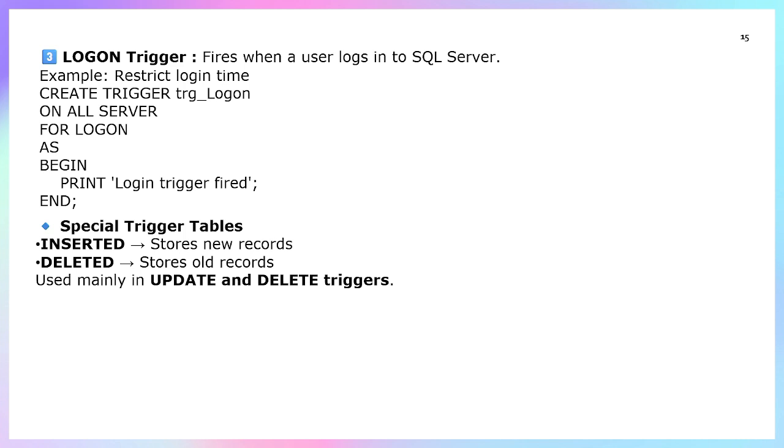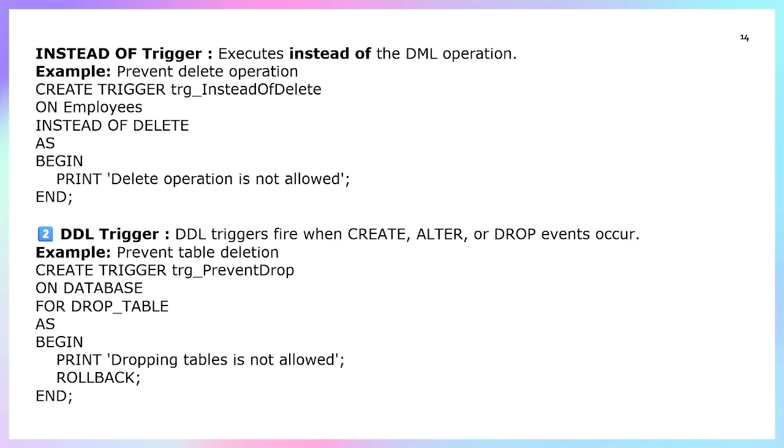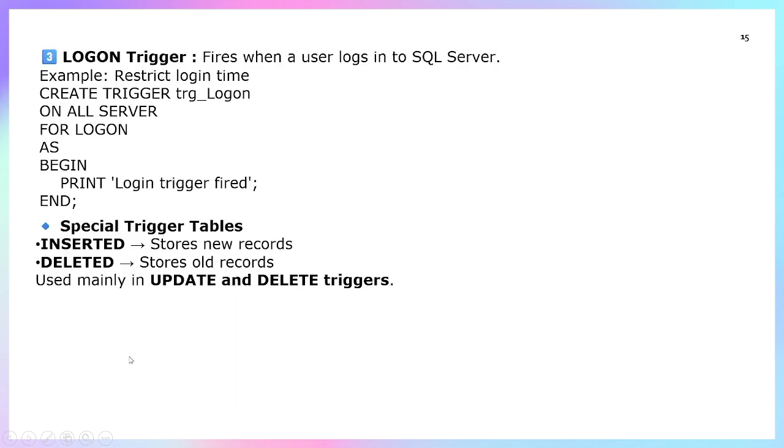So, like create trigger name on database, then for which table you want to perform the action. And logon trigger is when a user logs in to SQL Server and at that time you want to perform any action, so it is called a logon trigger, right.